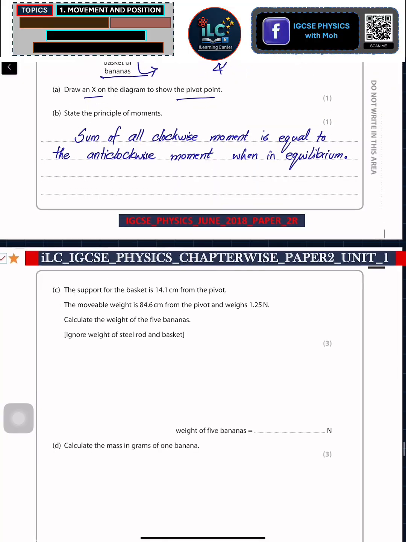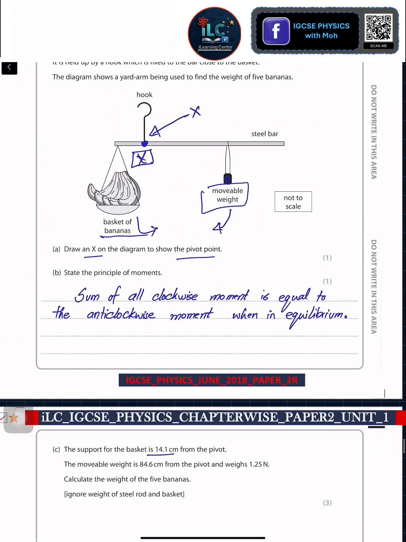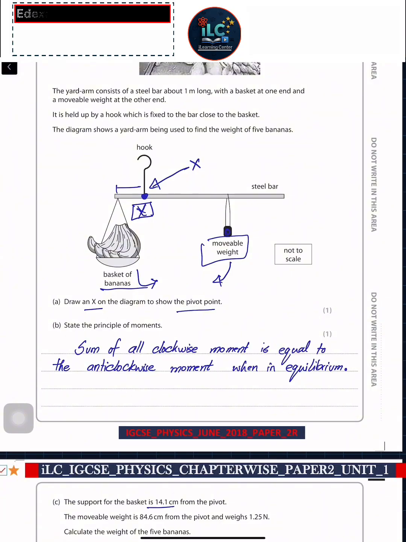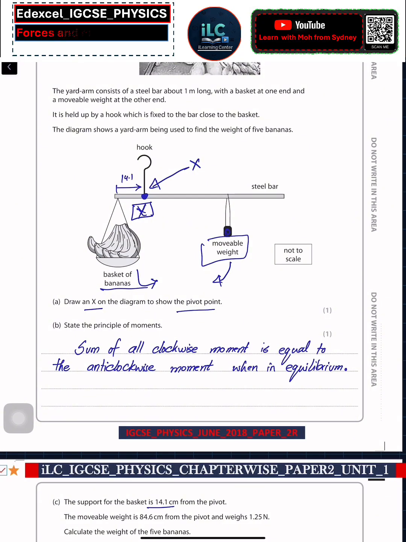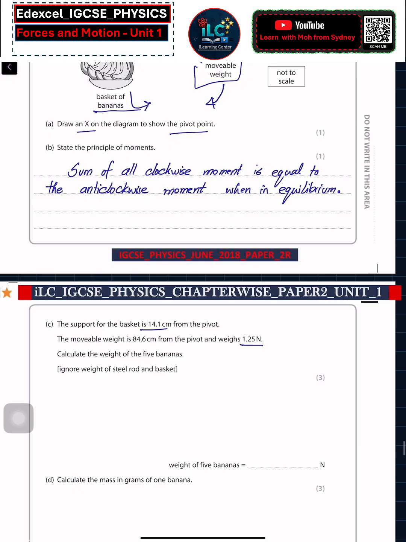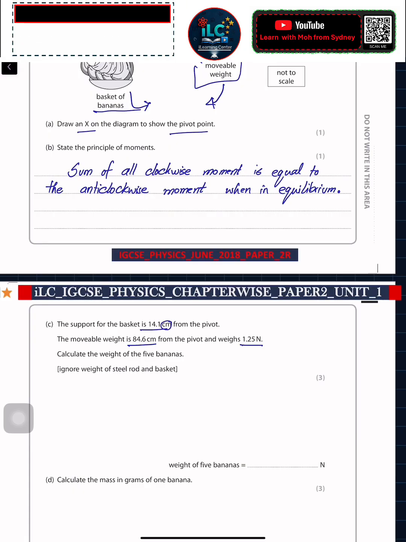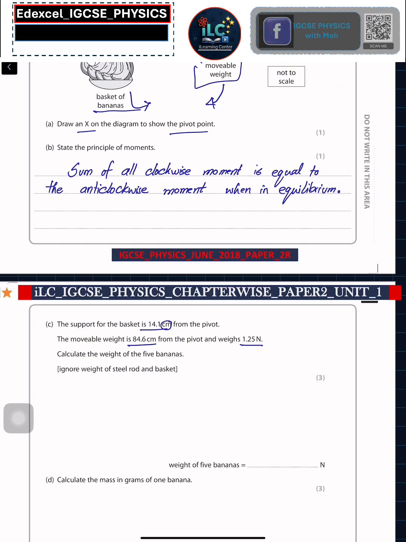Then the next question says support the basket of 14.4. So this distance is 14.1 and 1.25, 84.6. Understand that this is in centimeters, but both of them are in centimeters, so you don't need to worry about it.